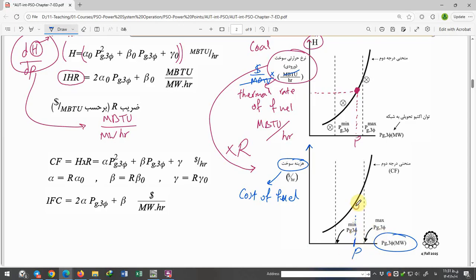In one hour, how much money you spend producing or supplying this amount of active power. So if you multiply H by this rate R, we get the cost function.